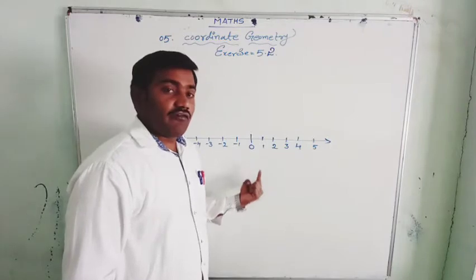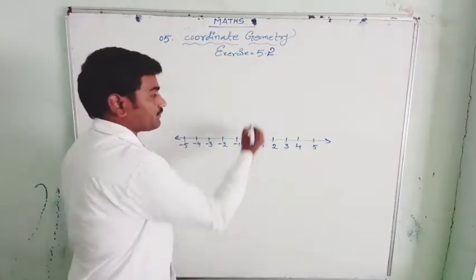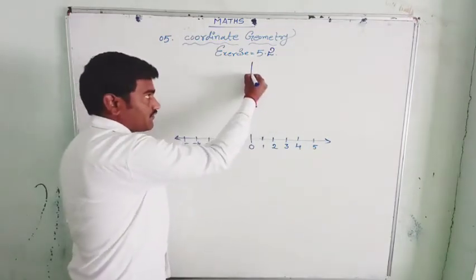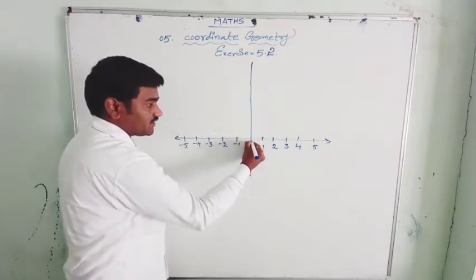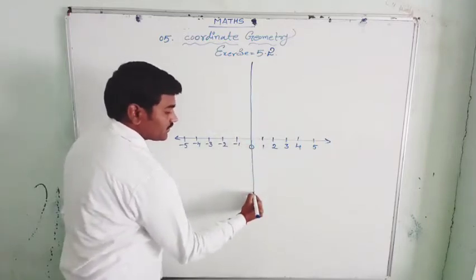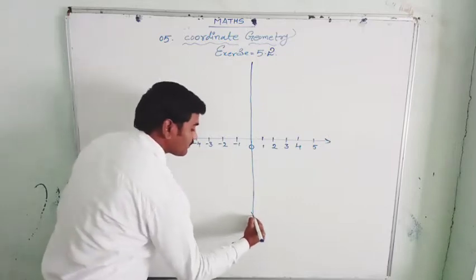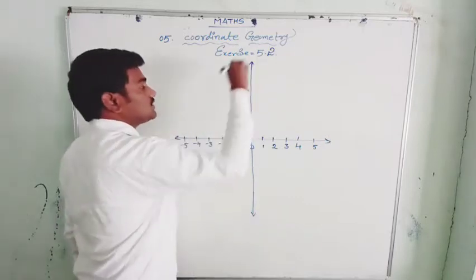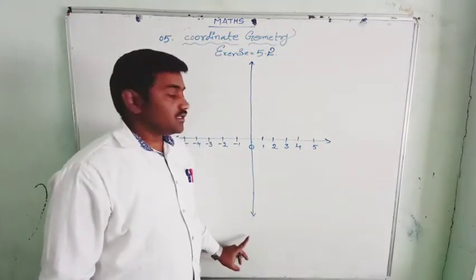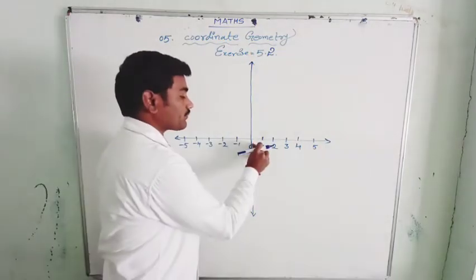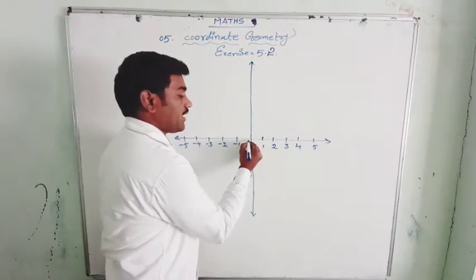Let's take one more, a vertical line, which is perpendicularly intersecting this horizontal line. See that we have taken one more, a vertical line. Let's imagine this is also an integer number line.